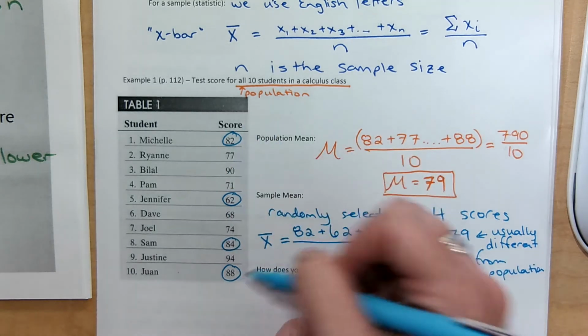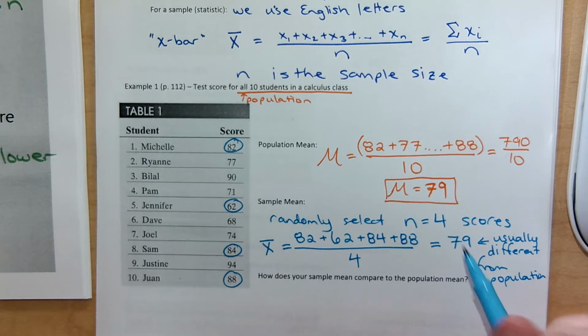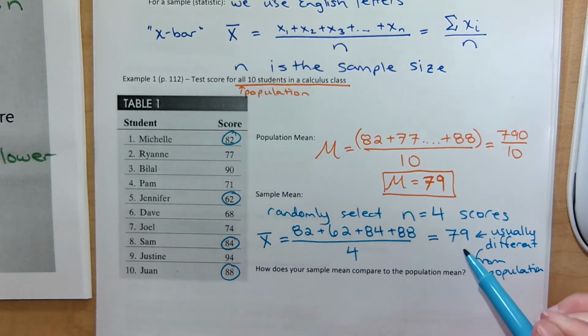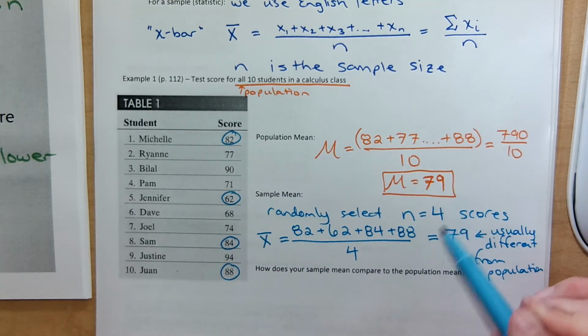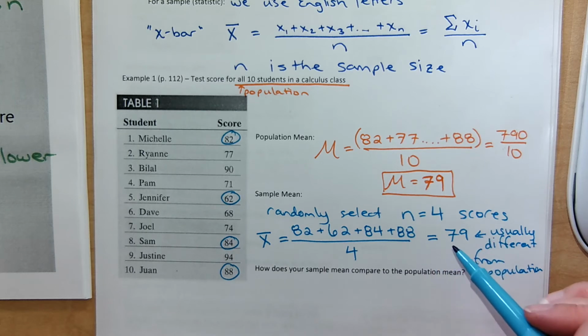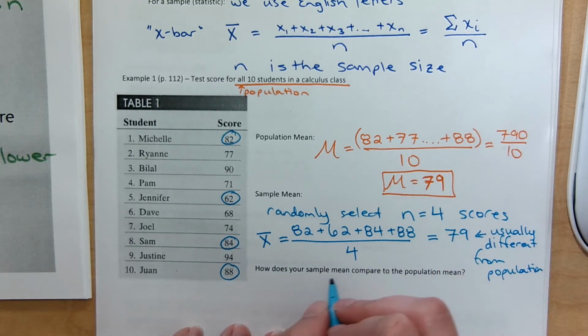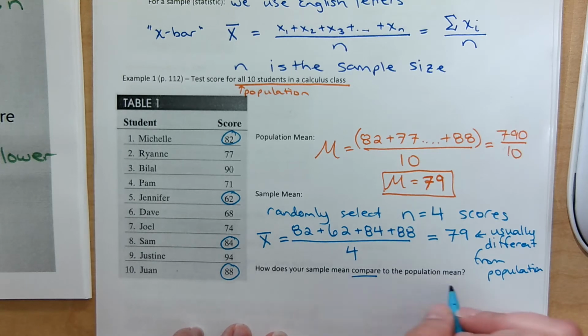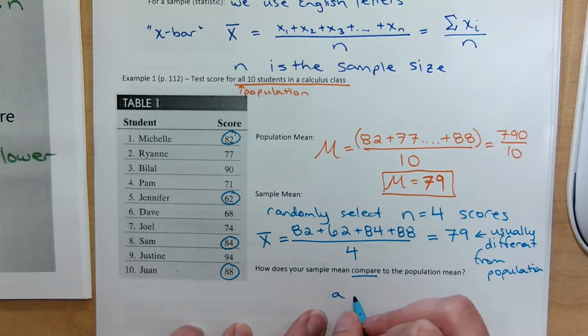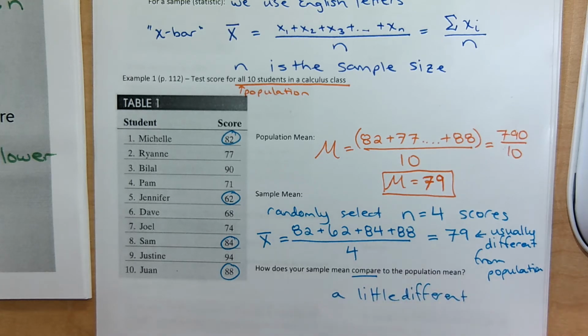The 4 I chose happened to be the same, but normally when you randomly choose, yours might be a little smaller than 79, it might be a little bigger than 79. It's usually not exactly. My choices were just that way. So normally your sample mean compared to the population is usually a little different. It's usually not the same.